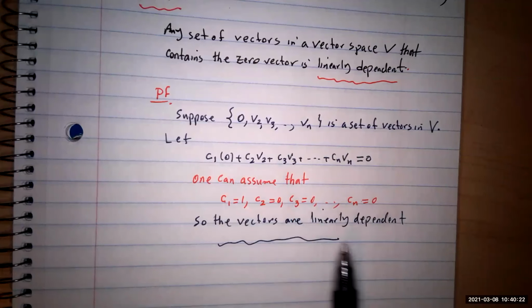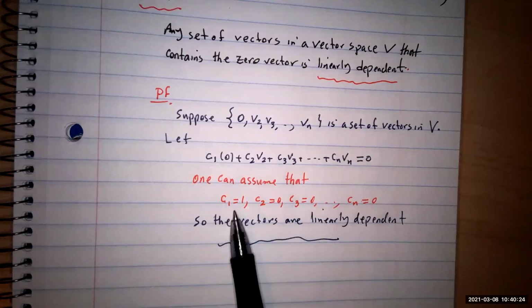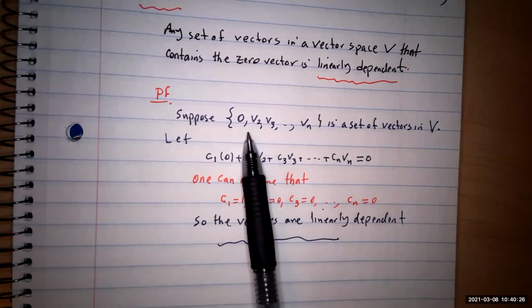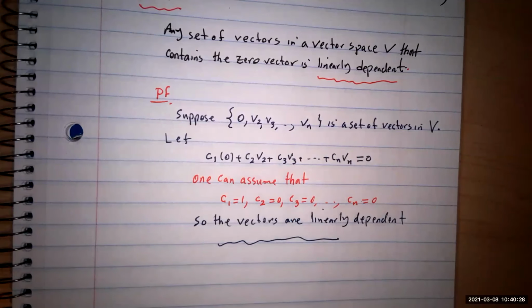So I have a linear combination for which one of the scalars is non-zero, which means these vectors are linearly dependent. Nice result, a small point but quite interesting, that we are going to use in the future.